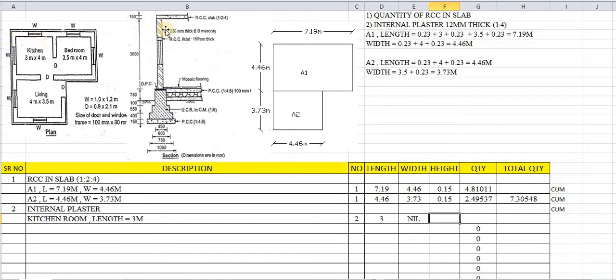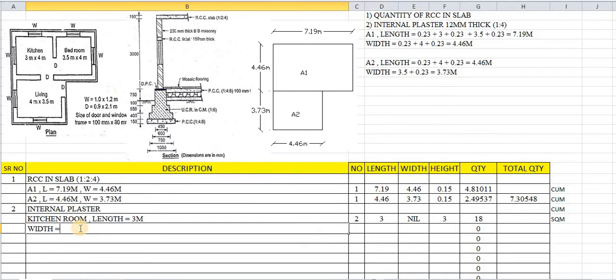The height of plastering will be considered as 3 meters. So this multiplied by this multiplied by this will be the quantity, and it will be measured in square meters. In the same way, for the kitchen room we have to apply the plastering in the case of width also. So we will find out for width.